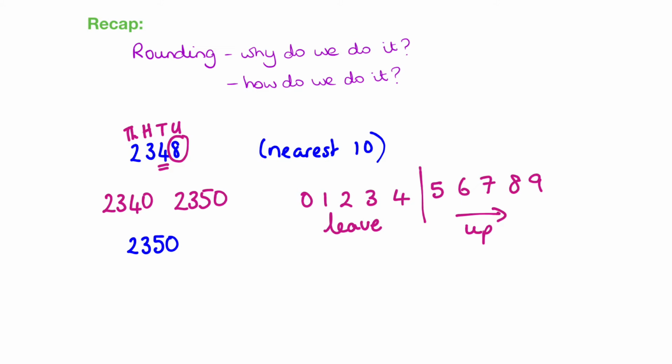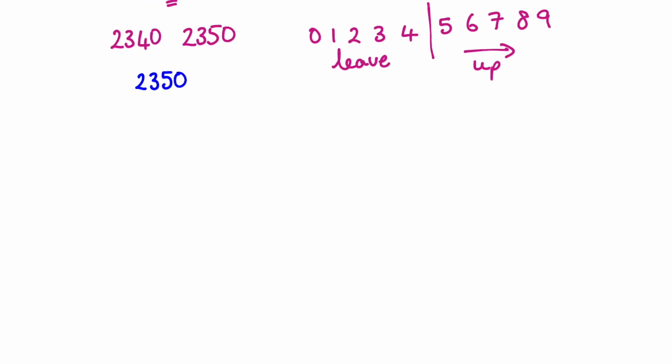Okay, so we looked at rounding to the nearest whole number. So this will lead us on quite nicely to our rounding to decimal places. So we'll look at that just now. So if we're rounding to the nearest whole number, for example, 293.472, we're rounding to the nearest unit, in other words.